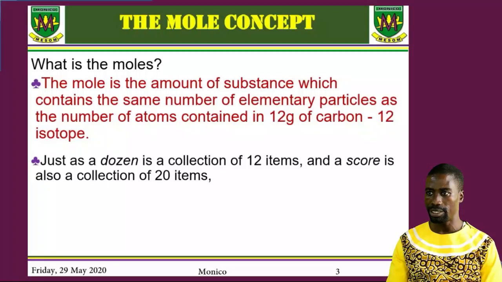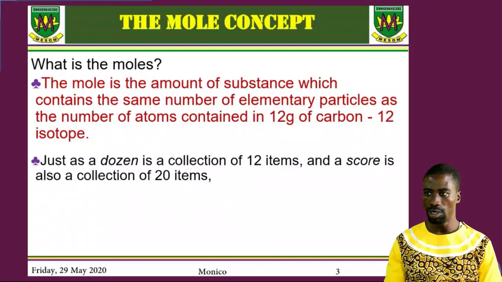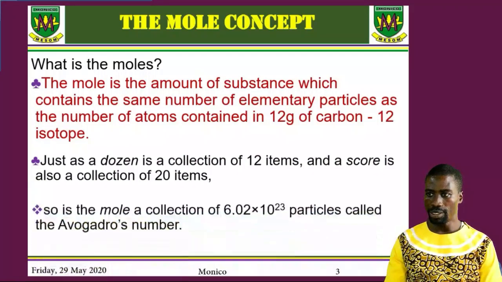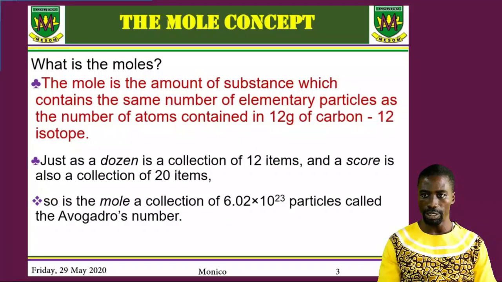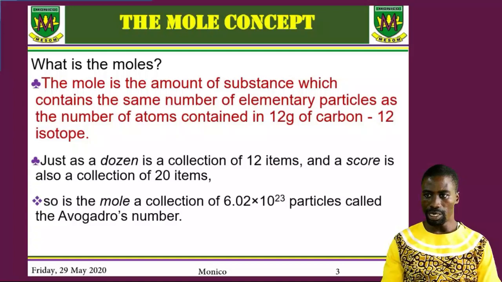Score means 20 items, dozen means 12 items, and pair means 2. In the same way, a mole is also a collection of 6.02 times 10 to the power 23 particles. This number is referred to as Avogadro's number.